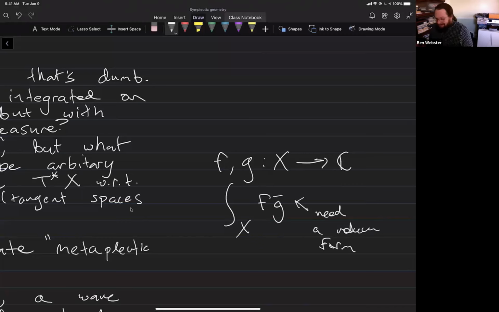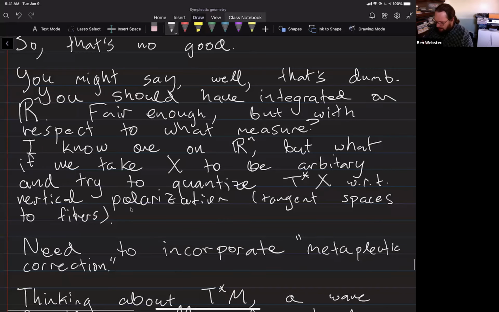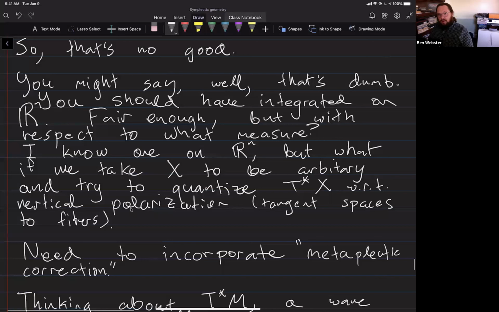But I chose my X to be totally random. Random manifolds don't come with a volume form. So what the hell is going on here? Well, I'm running out of time, so we are going to have to talk about this next time. The thing we need to do is incorporate what's called the metaplectic correction.